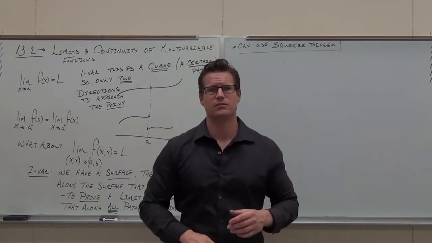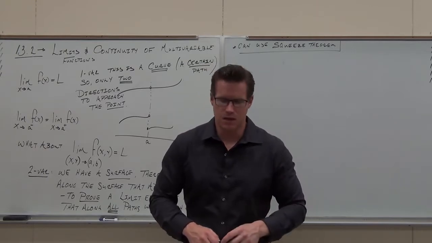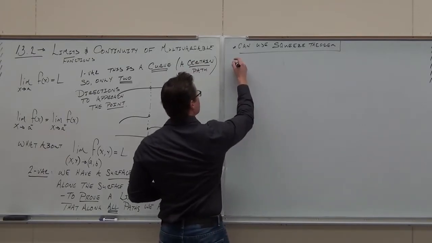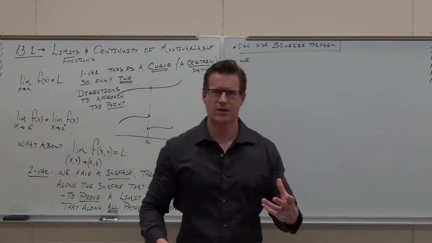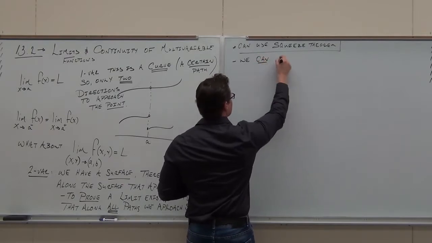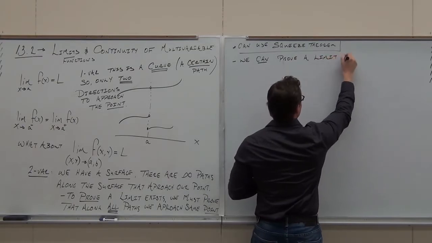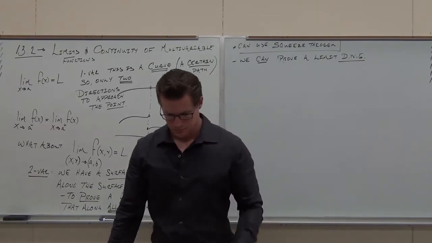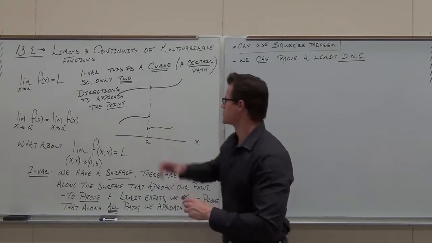So squeeze theorem is one way. Using some of the properties of limits from Calc 1 is another way. Other than that, we can, relatively easily, prove when a limit doesn't exist. It's really akin to what we're doing here.